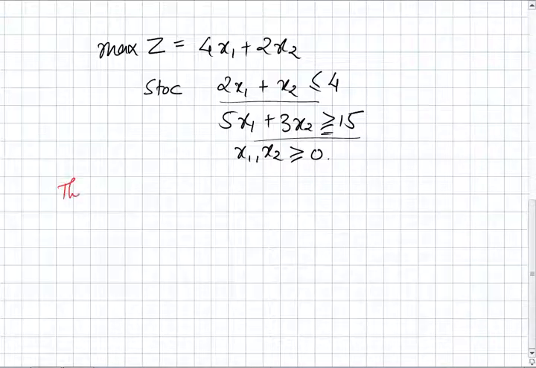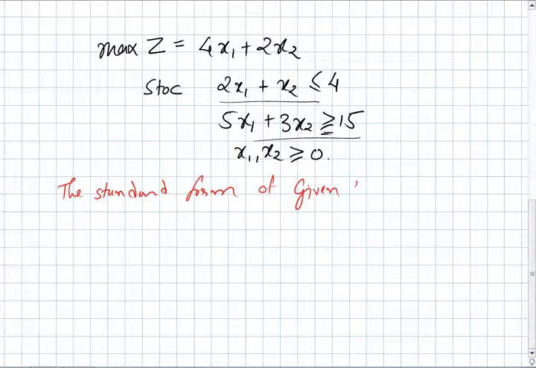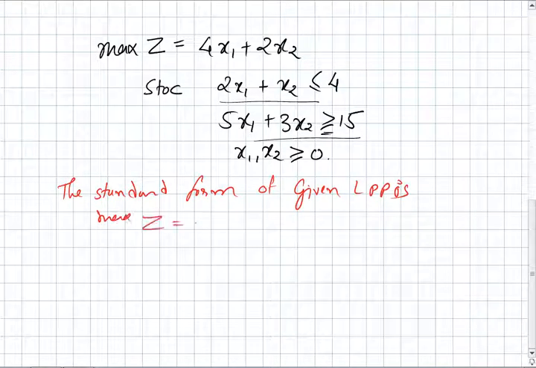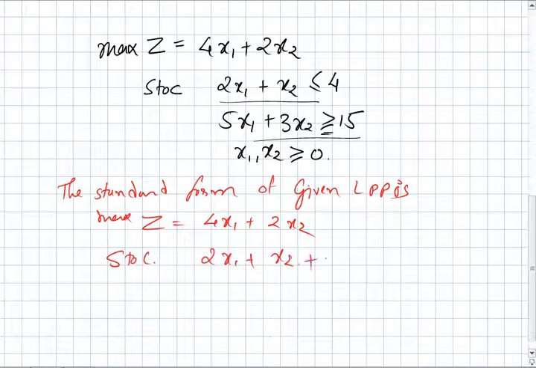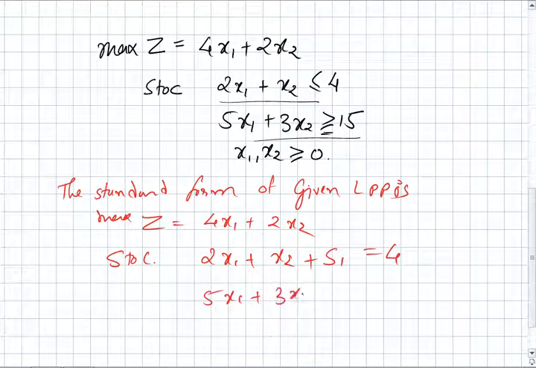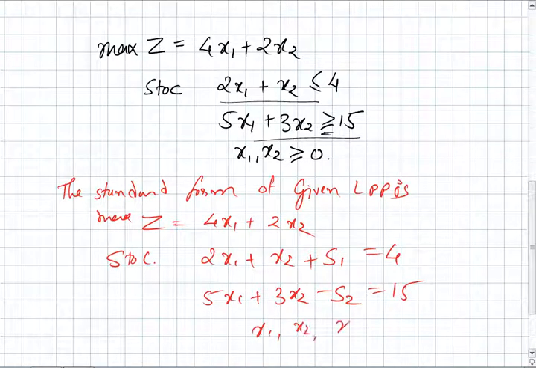So the standard form of the given LPP is: maximize z equals 4x1 plus 2x2, subject to the constraints 2x1 plus x2 plus s1 equals 4, and 5x1 plus 3x2 minus s2 equals 15, with x1, x2, s1 and s2 non-negative.